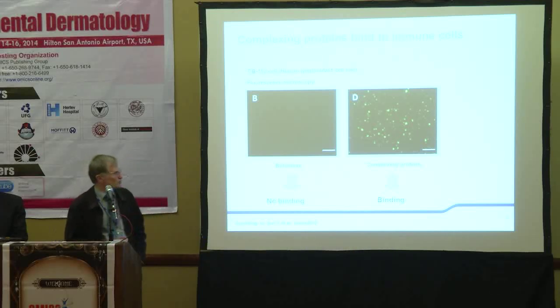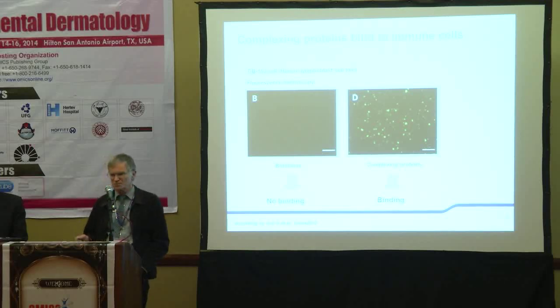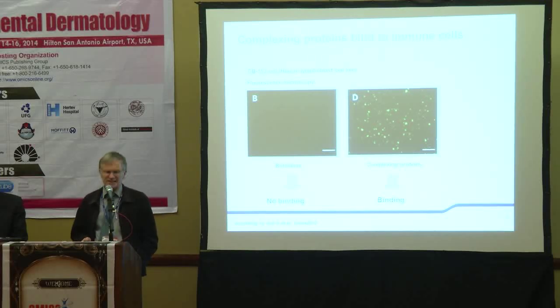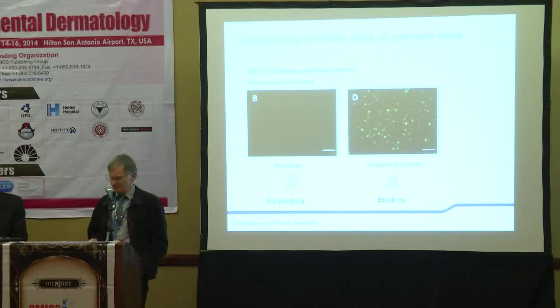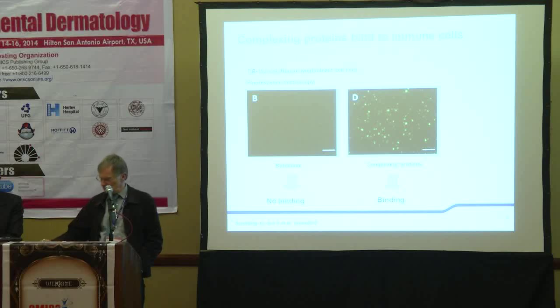Immune cells were incubated with complexing proteins, and all the different spots you see on the right-hand side represent binding events between the complexing proteins and the immune cells, whereas the neurotoxin itself, in the left picture, did not bind at all and cannot activate the immune cells. So in consequence, there is a difference in the immunogenicity when you compare products containing complexing proteins with products which have no complexing proteins. That means Xeomin.